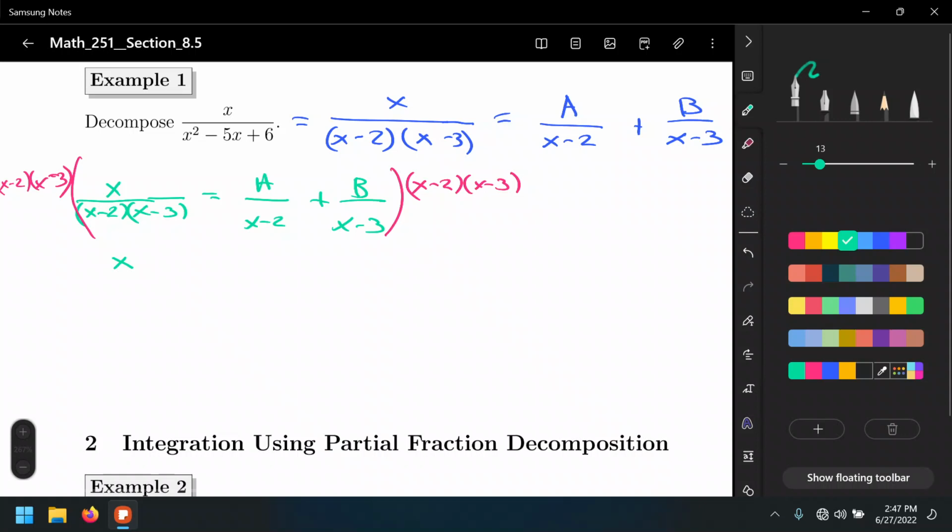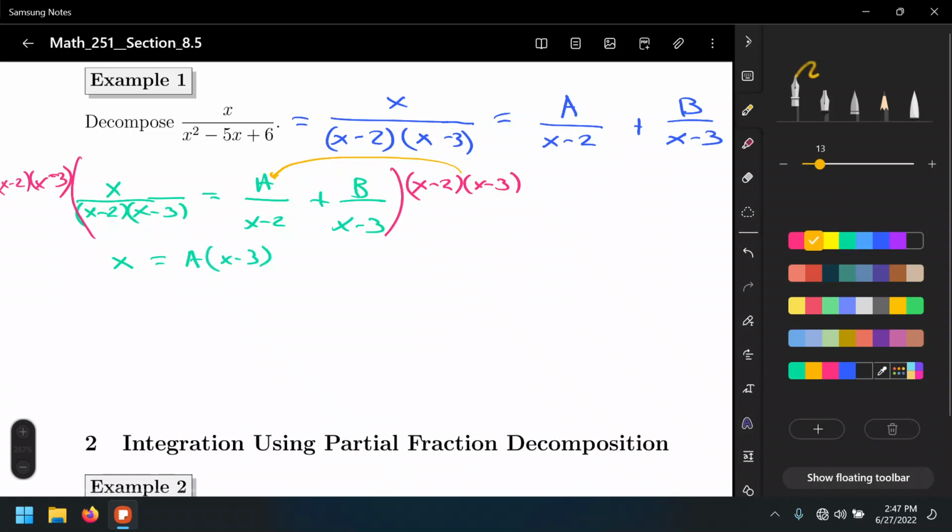Now notice what's going to happen when we distribute these two right here. When we multiply this with the first term, the x minus 2's are going to cancel, leaving us with a times x minus 3. Do we all agree with this? All right. So that's equal to a times x minus 3.